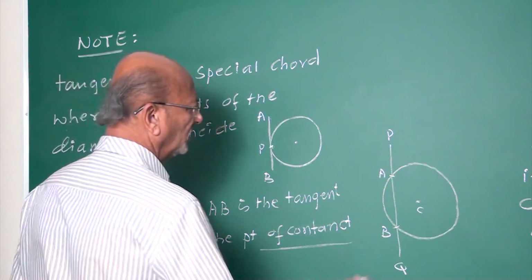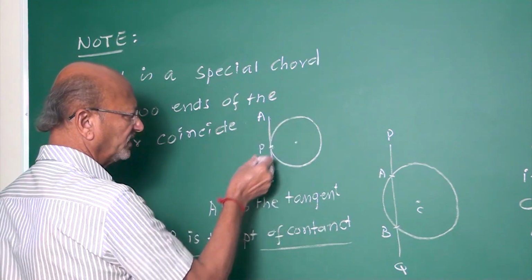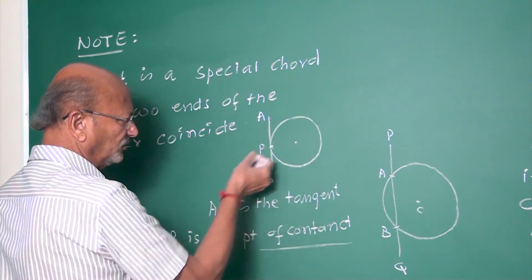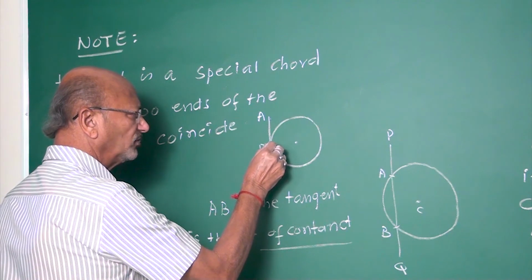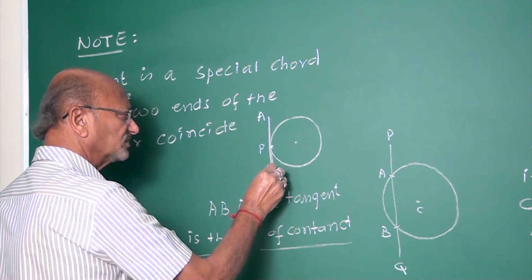If you take other than this AB, if you take like this, it is not a tangent. Then through the point of contact P, there is only one tangent.